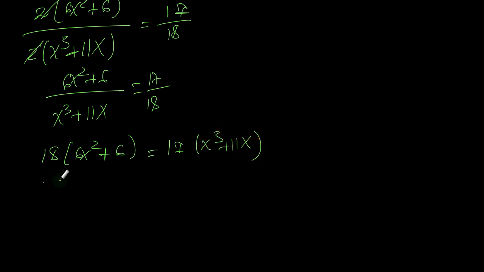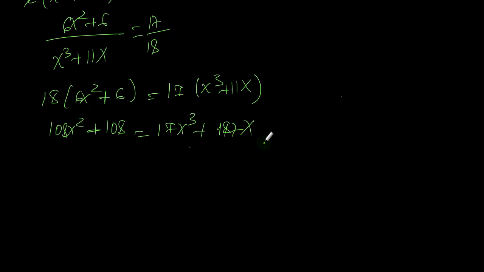So here we have 108x squared plus 108, and this equals 17x cubed plus 187x. Okay, so now let's send this one to the right side.